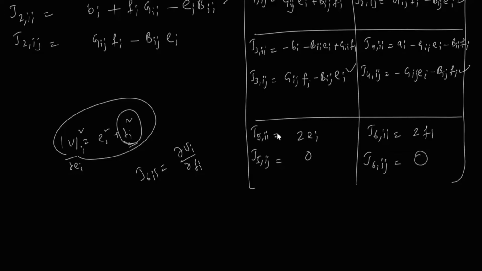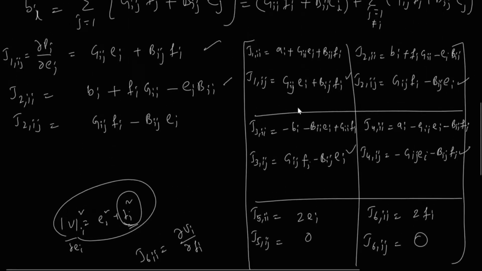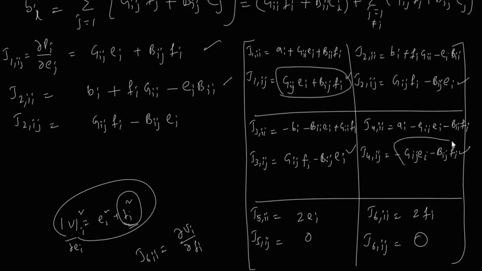Okay, so these are the elements of submatrices J1 to J6, right? Again see, there are mirror images. So this is a negated value of this one, right? And these two are the same.